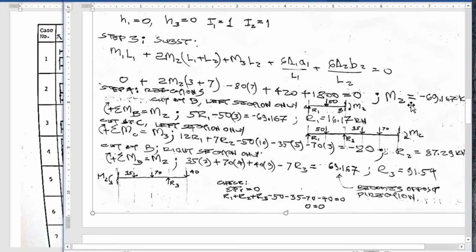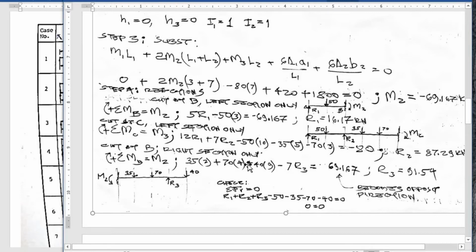When in fact, yung nasolve natin ay negative 69.167. Okay? Kasi, yung 69.167, ang ginagamit natin dito ay yung left section. Okay? This time, right section ang gagamitin natin. Kaya, magiging positive naman yung moment mo ngayon. Okay? So, obviously because it becomes opposite direction.